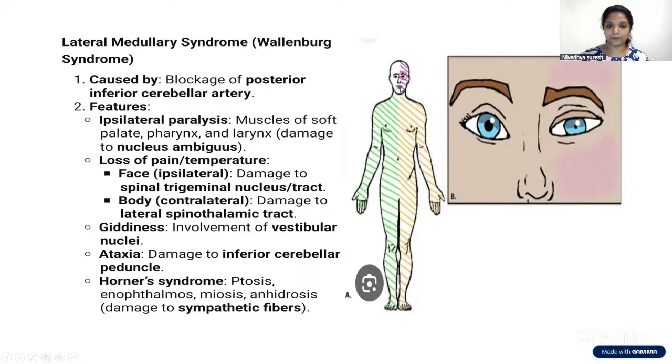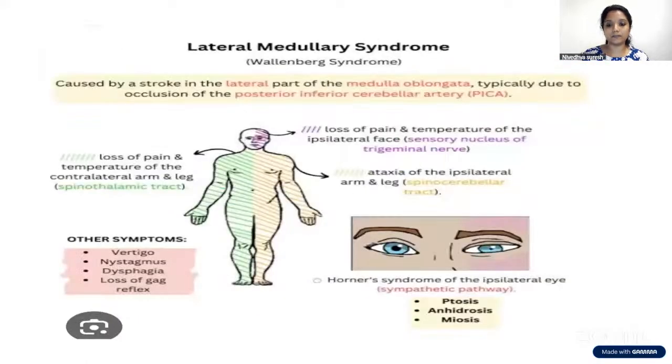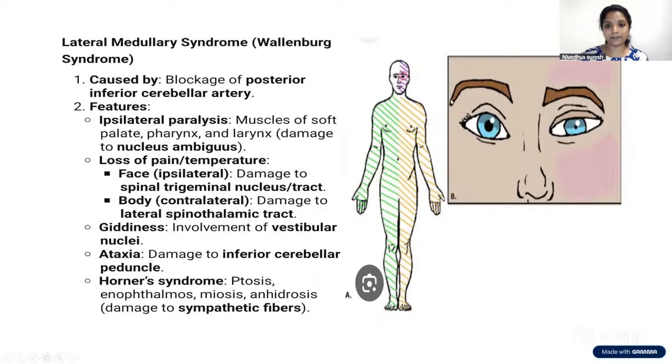If the damage is on the right side, we can see it on the right side itself, on the face, and the body is affected on the opposite side. So the same side of the face is affected, and in the body the opposite side is affected. So that is the loss of pain and temperature.